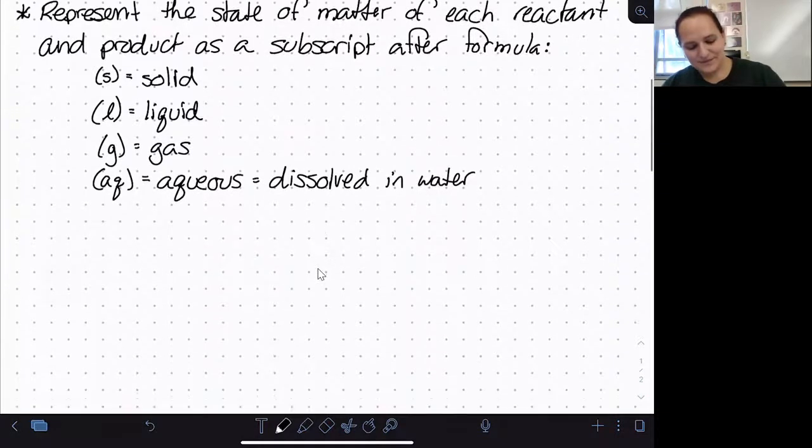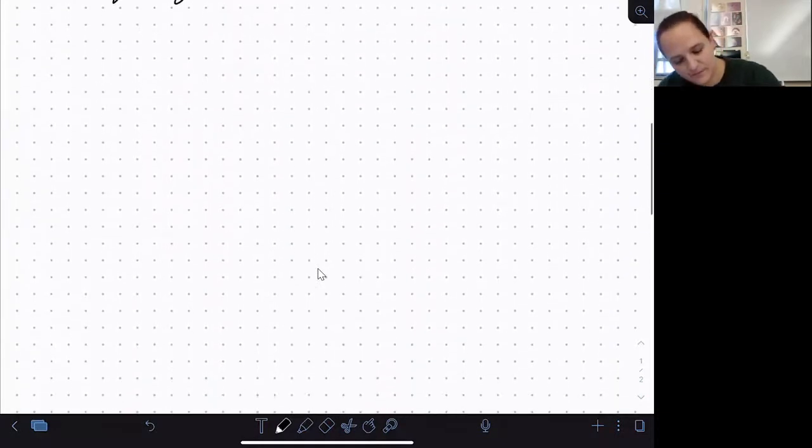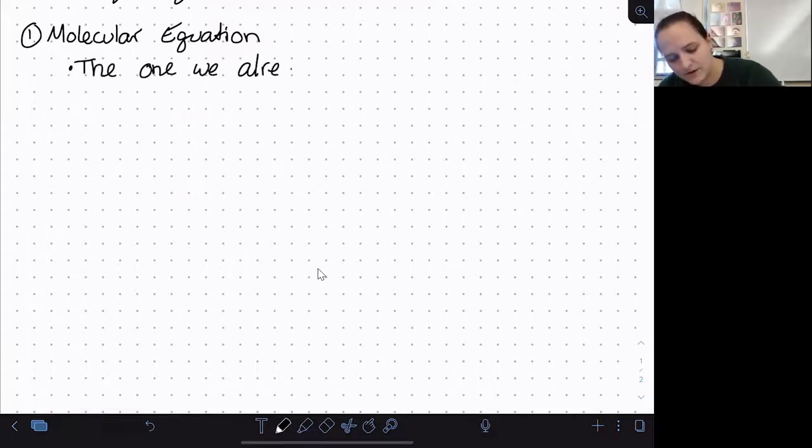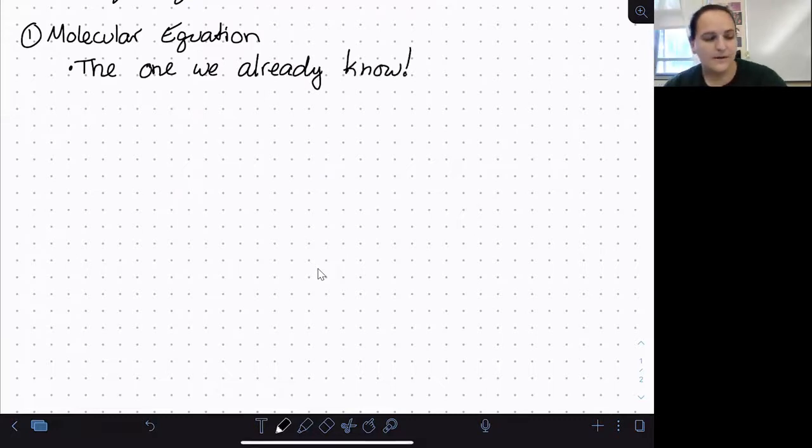So the first one, again, the one we already know, is the molecular equation. So this is the one we're used to. This is often the easiest to think about, mostly because it's what we're used to, and it's also the most reflective of the lab procedure.